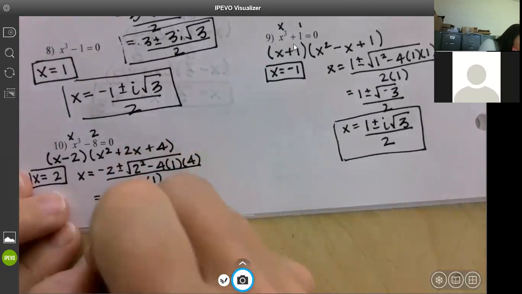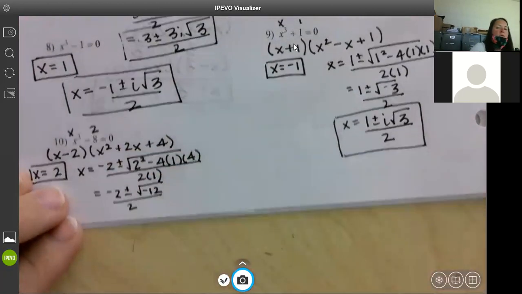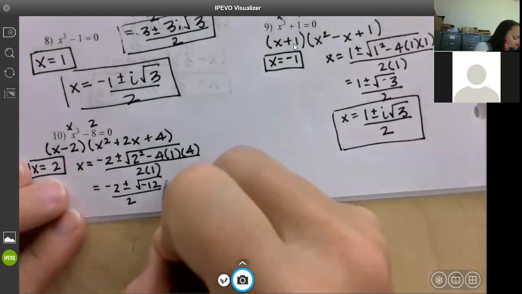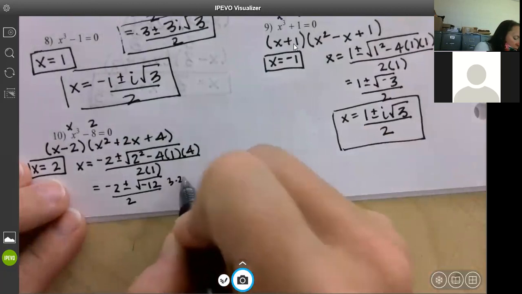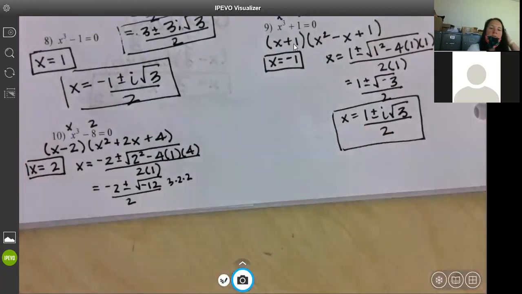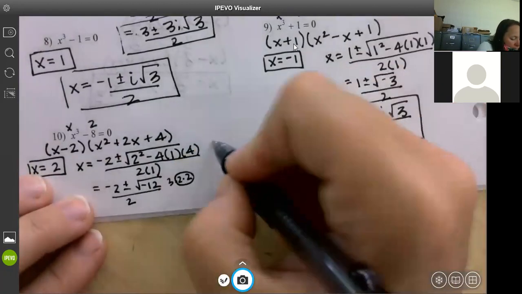Negative 2 plus or minus the square root of negative 12 all over 2. What does negative 12 break into? And 4 breaks into 2 and 2. What else do we have to pull out? The i. So we pull out a pair of 2's and an i.